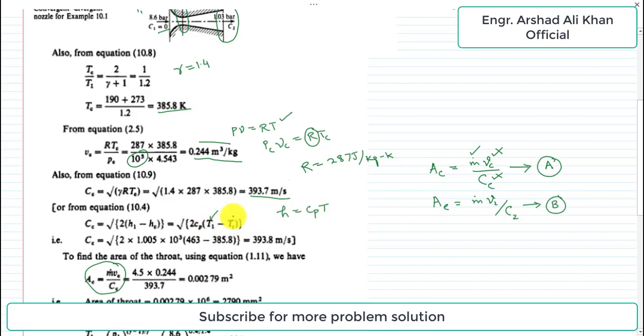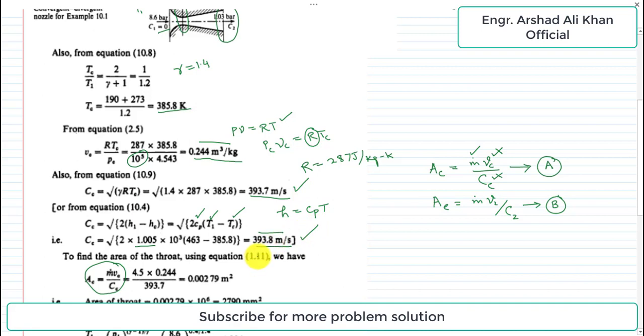T1 is given, Tc is calculated. So 2 multiplied by 1.005, this is the value of specific heat at constant pressure for air, and multiplied by 10 to the power 3, converting kilojoule into joule. T1 is 463 and Tc is 385.8. So again we get the same value as calculated above. So in this case, either this equation or this equation can be used for calculation of Cc.